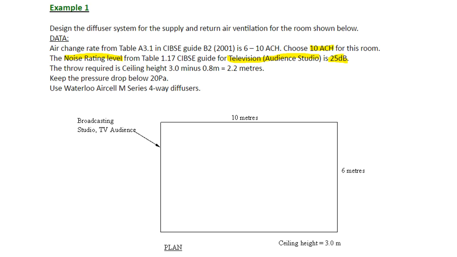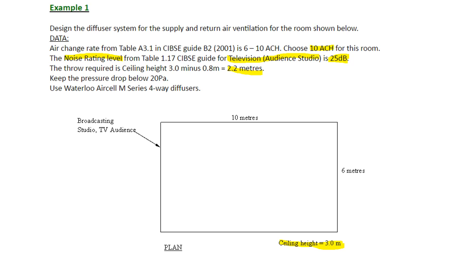It cannot exceed this 25 decibel. And the throw required is the ceiling height minus 0.8. The ceiling height we have here is 3 meters. So minus 0.8, then the throw is equal to 2.2 meters.